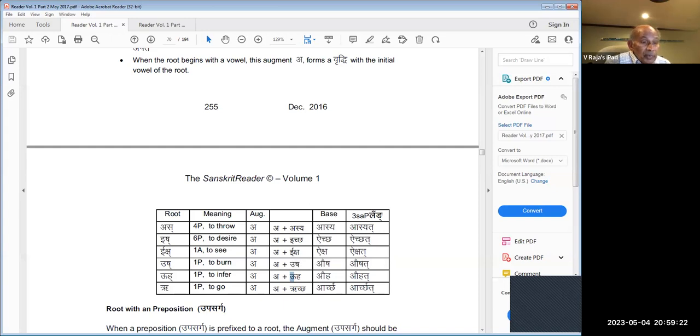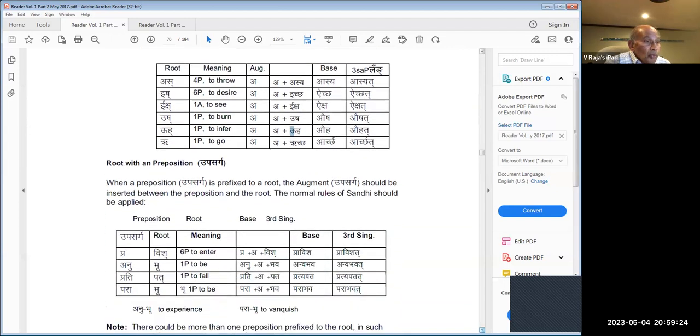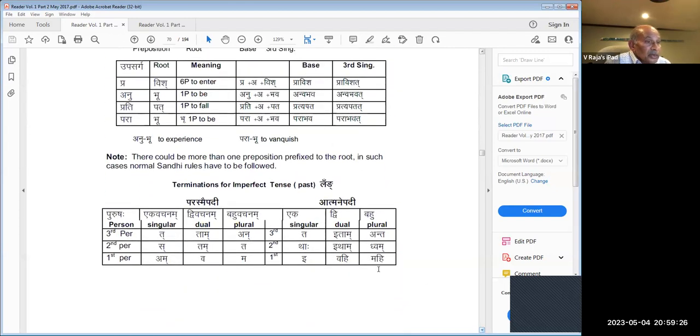And then I give you a whole bunch of examples. And these are the terminations which we saw from the other page. And these are these four tables: lat, lot, lang, and the others. You have to remember those tables until we derive them. And I don't know where to derive them, if here, if you have time, if in this class.